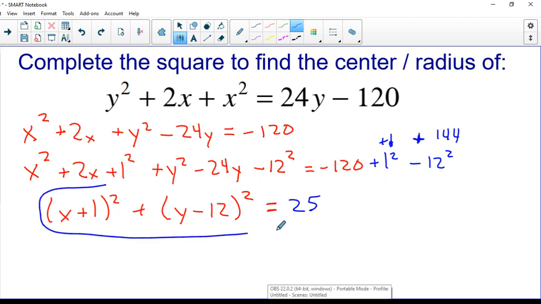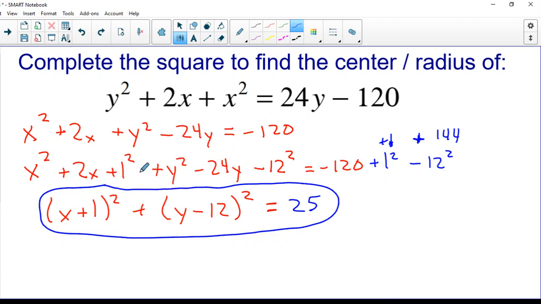You might recognize this equation now. This is the equation of a circle. It's in standard form, so I can easily look at this equation and pull out that center and that radius. For example, the center I can get by looking at these two numbers and taking the opposite of these.